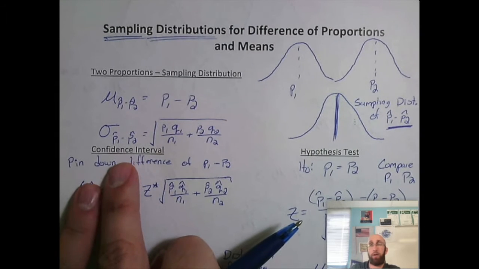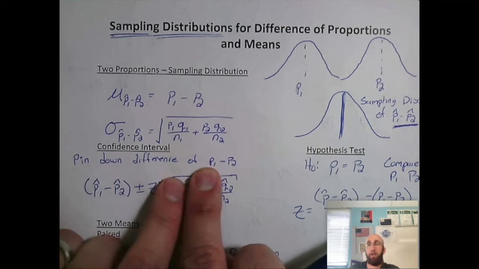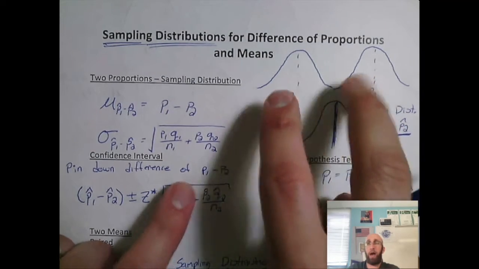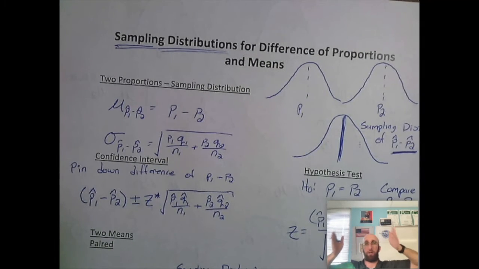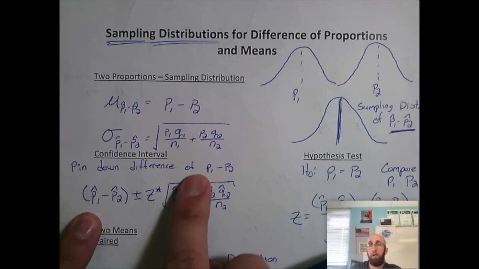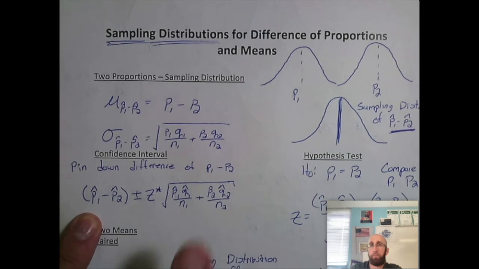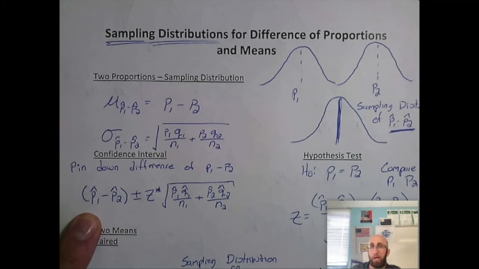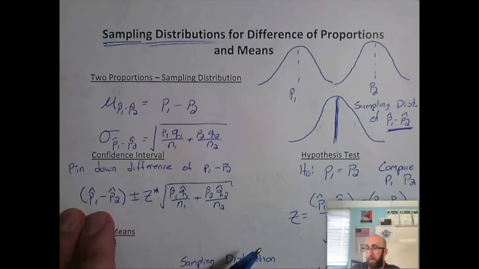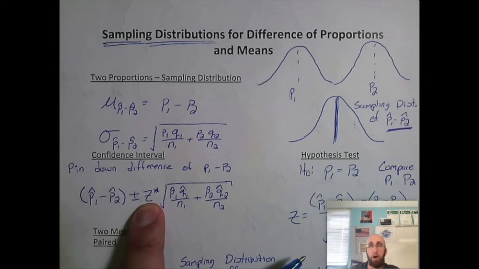When you're running a confidence interval, what we're trying to do is pin down the difference P1 minus P2. I want to figure out how far apart my two population proportions are. That's the purpose of the confidence interval. Since I don't have numerical values for P1 and P2, you're going to see substitutions of p hats. The formula is the difference of my sample proportions, p hat 1 minus p hat 2, plus or minus z star times the standard error.